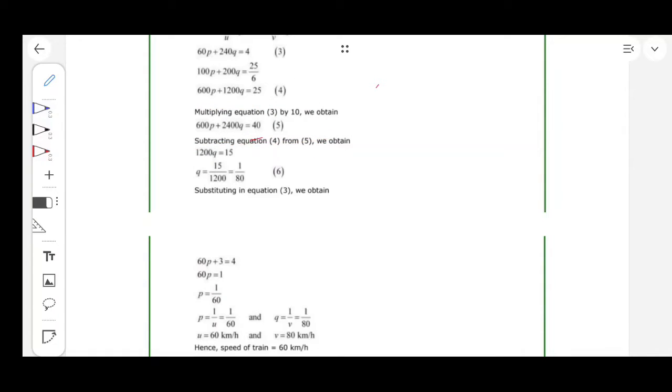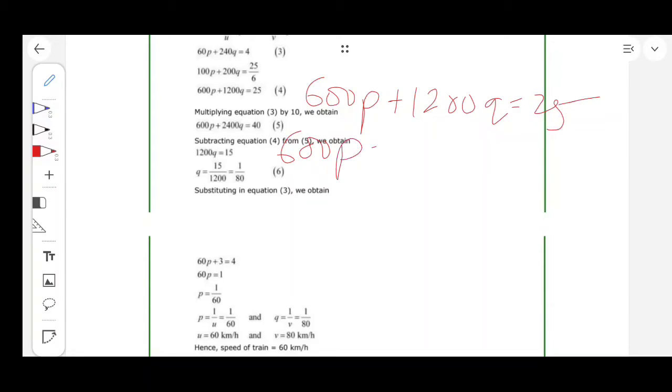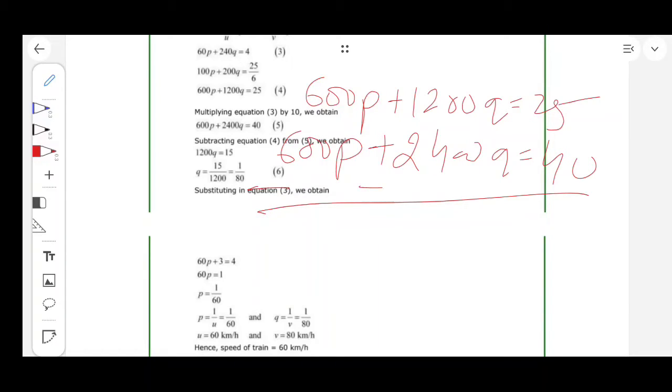For simplifying, I would like to write these equations again: 600p plus 1200q equals 25, and the next equation is 600p plus 2400q equals 40. So subtracting, we introduce negative signs here.